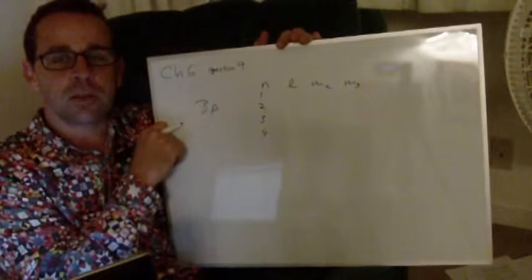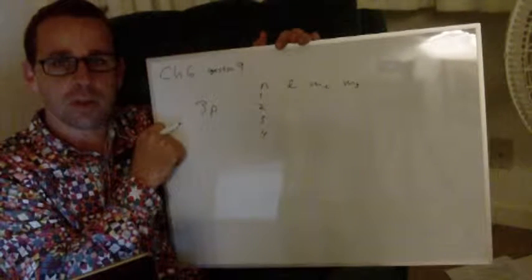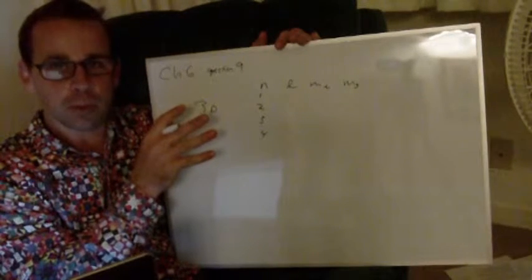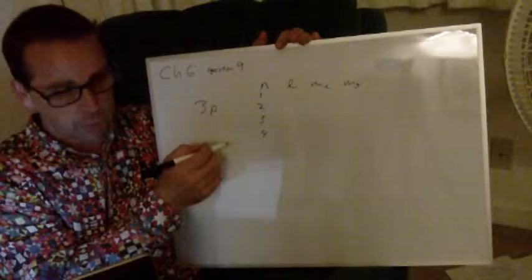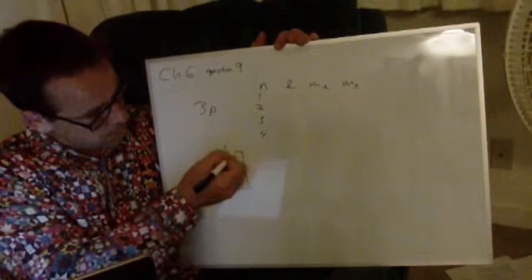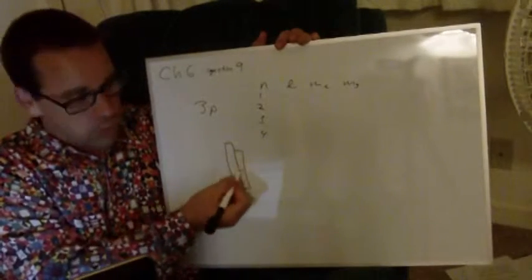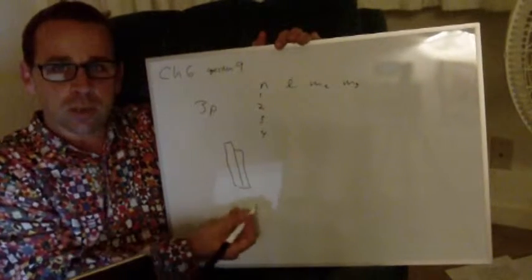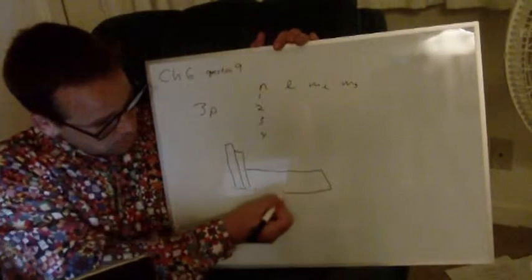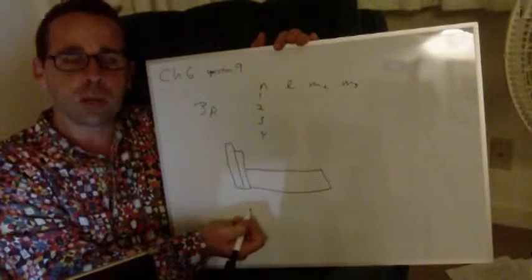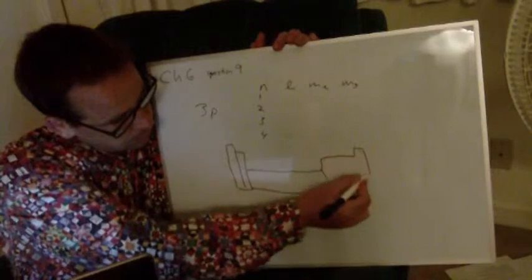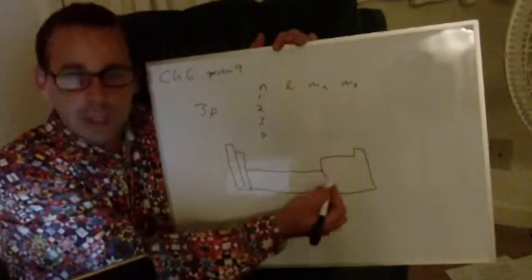l is an indication of the block on the periodic table where the element is. Let me sketch a little periodic table here. Here are our first two columns in the periodic table. Then we have our transition metals, our block across there. And then we have our non-metals.